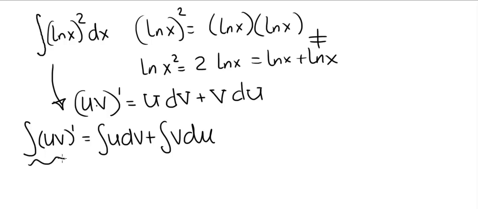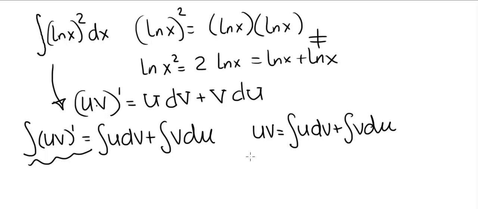By the fundamental theorem of calculus, the integral of a derivative is just the function being differentiated. That's u times v, and that's equal to the integral of u dv plus the integral of v du. So solving this for the integral of u dv, we find that it's equal to u times v minus the integral of v du.